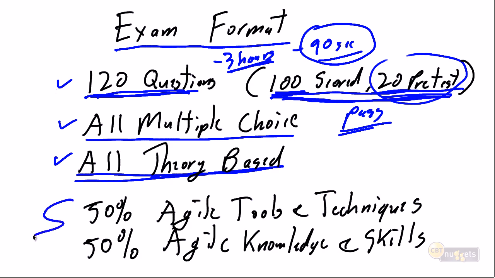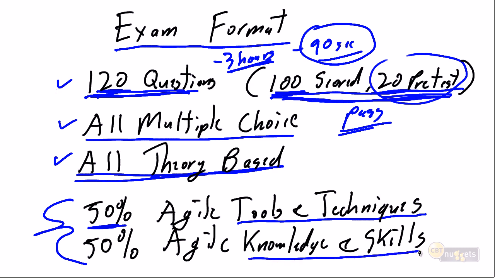And how are these questions distributed? How are they defined? PMI have said approximately 50% of all of the questions, so approximately 60 of your 120 questions, are going to be questions around Agile tools and techniques, and the other 50%, the other 60 of your questions, are going to be around Agile knowledge and skills.